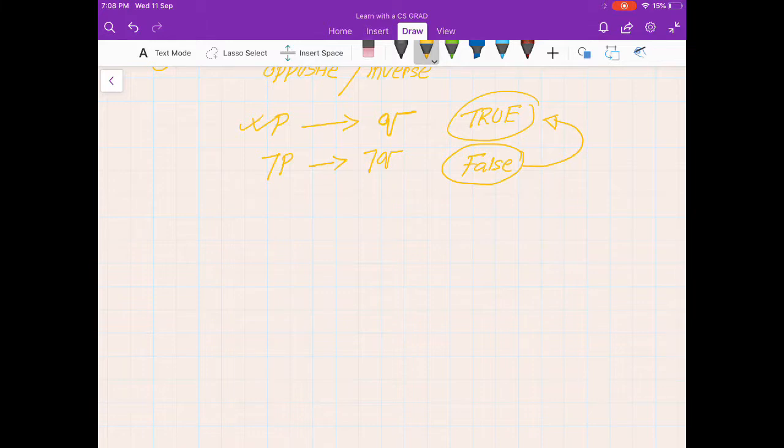Let's try to understand this with an example. Let there be a statement that if it's 30th Ramadan, then Eid is tomorrow.